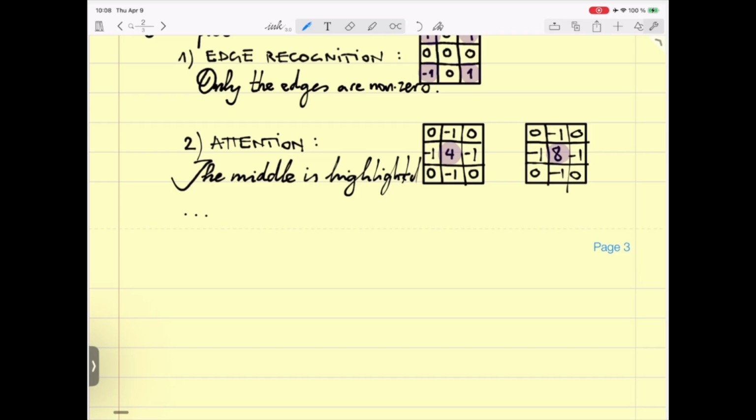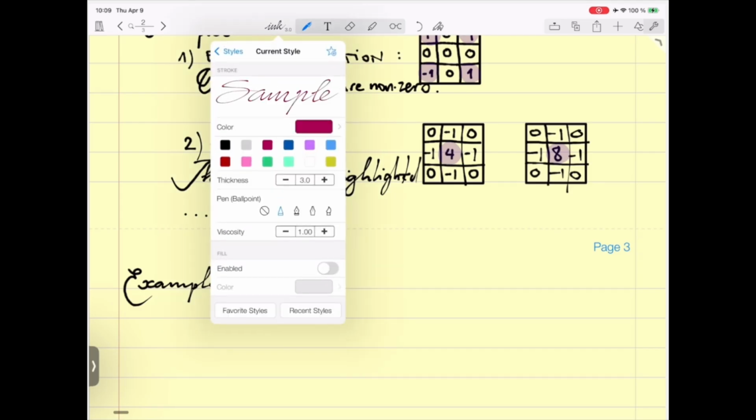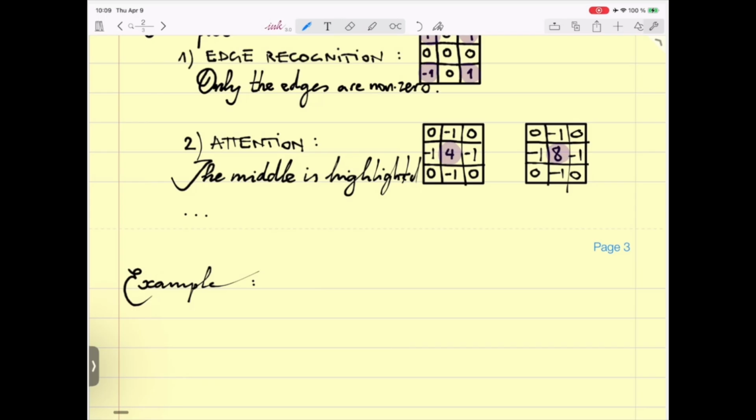Okay, now let's see how we perform the actual convolution. Okay, so we get an example. Imagine I give you the following channel.